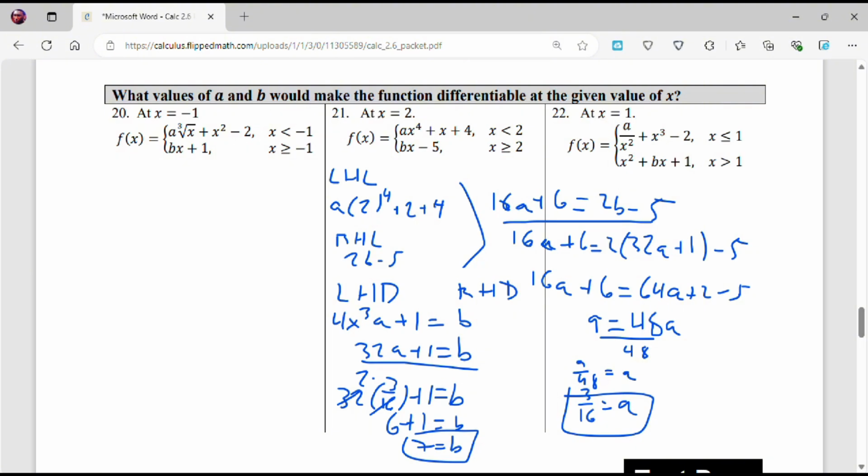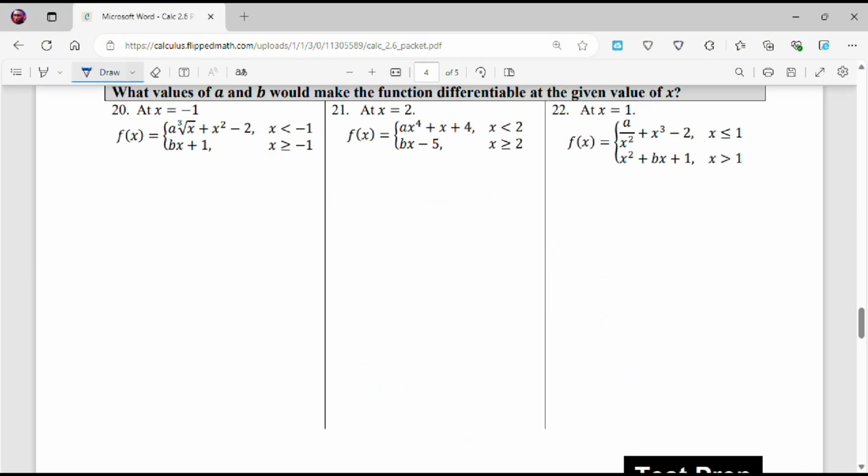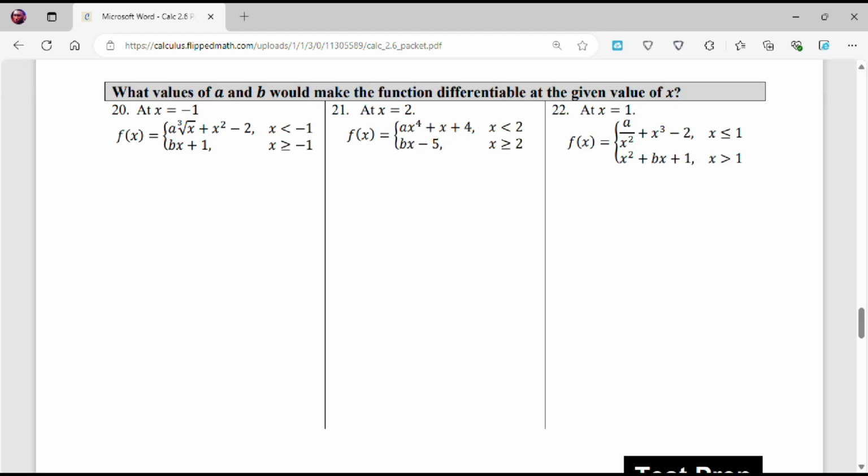All right. Last question. I'm going to start in the middle here, at 21, but I'm doing question 22. It's just for space. Okay. Left-hand limit. We're going to plug in 1, right? A over 1 squared is A. 1 cubed is 1. So A plus 1 minus 2.